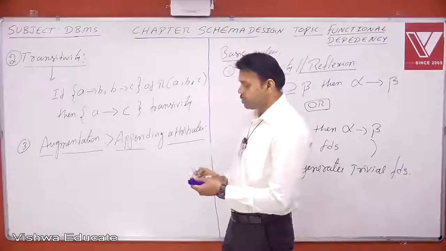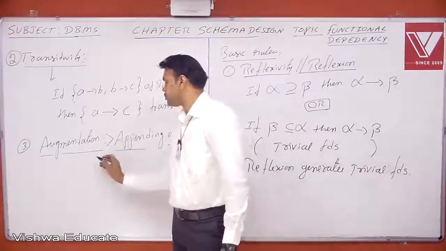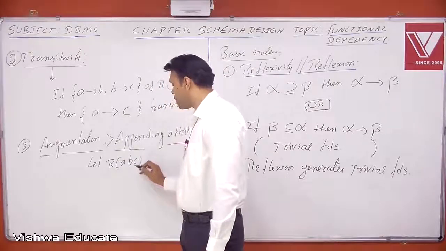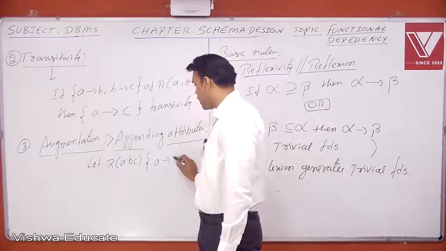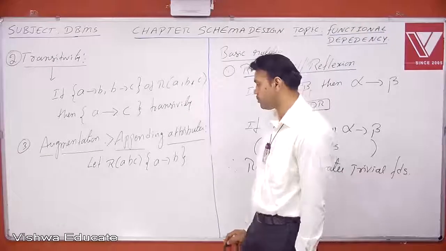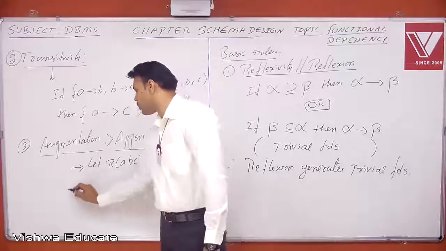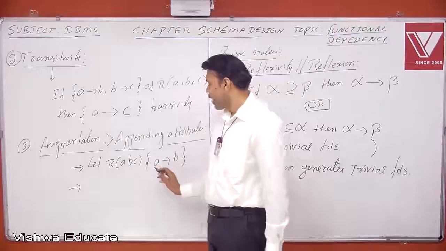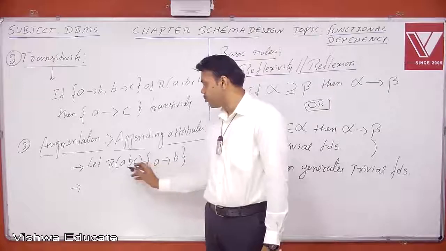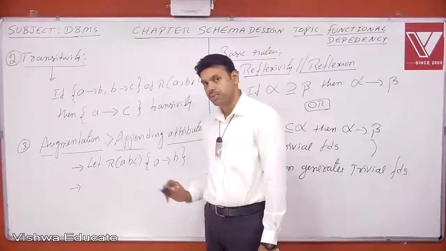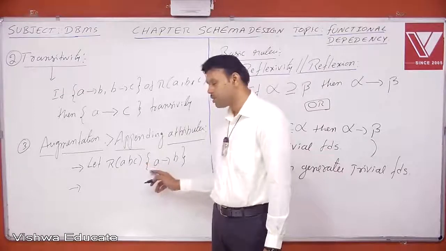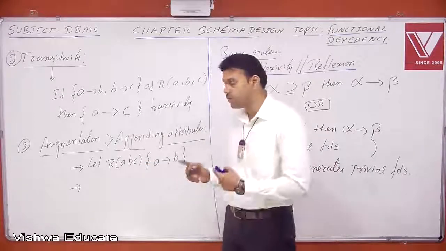Okay, so what is the meaning of this? Let R of A, B, C and the production is A tends to B. Right? So I have taken this non-trivial functional dependency based on AB attributes. Now I have not used C in this functional dependency. So what do I do?